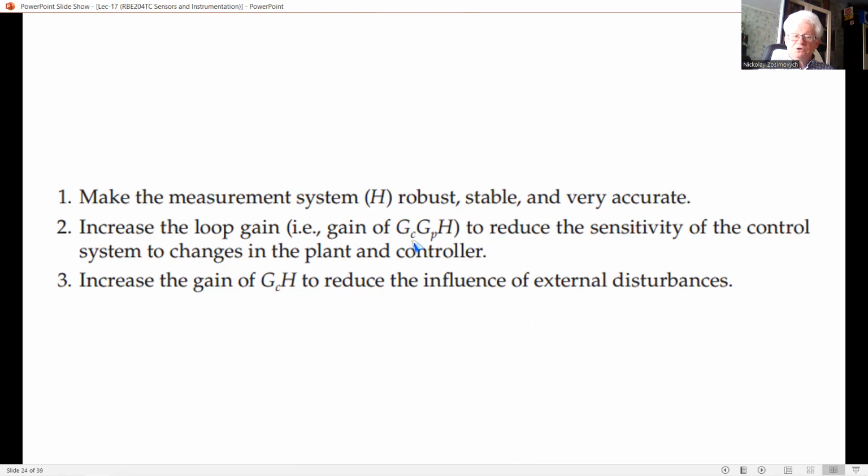It is virtually impossible to achieve all the design requirements simply by increasing the gain of G sub C. The dynamics of G sub C, not just the gain value at S equals 0, also have to be properly designed in order to obtain the desired performance in a control system.